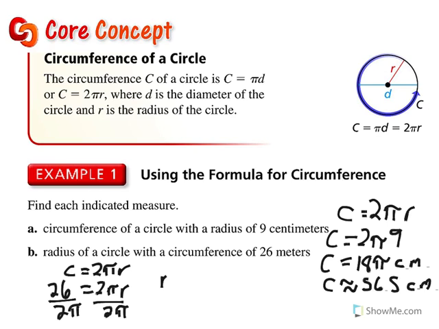Okay, so that would mean that r is equal to 26 divided by 2 pi. I'm going to simplify that, and so that is 13 over pi. That's just 26 divided by 2, leaves that 13 on top. And so this would be meters. And then the approximation would be 13 divided by pi. Again, use your calculator. And so 13 divided by pi gives me approximately 4.1.